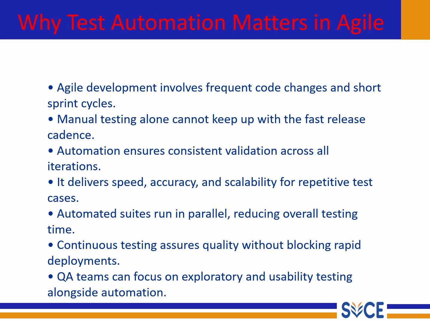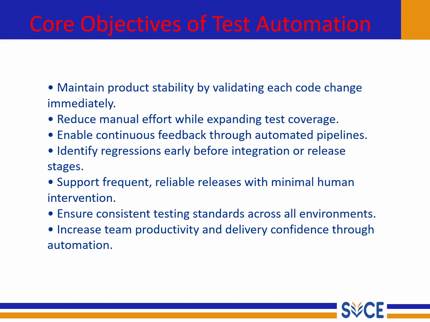Automated suites run in parallel, reducing the overall testing time. Continuous testing assures quality without blocking rapid deployments. Quality assurance teams can focus on exploratory and usability testing alongside automation. In the next slide, we'll see the core objectives of test automation.